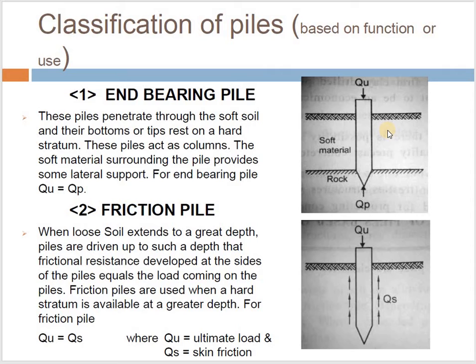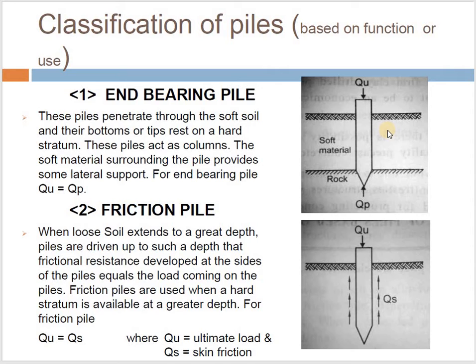And what are the cases where you use friction piles? Friction piles are used when you have soft material over a large stratum and the construction of piles is quite uneconomical, that you can't go to such a greater depth till you find the rock. In such cases you will have to go for friction piles, when the hard stratum is available only at a large depth.